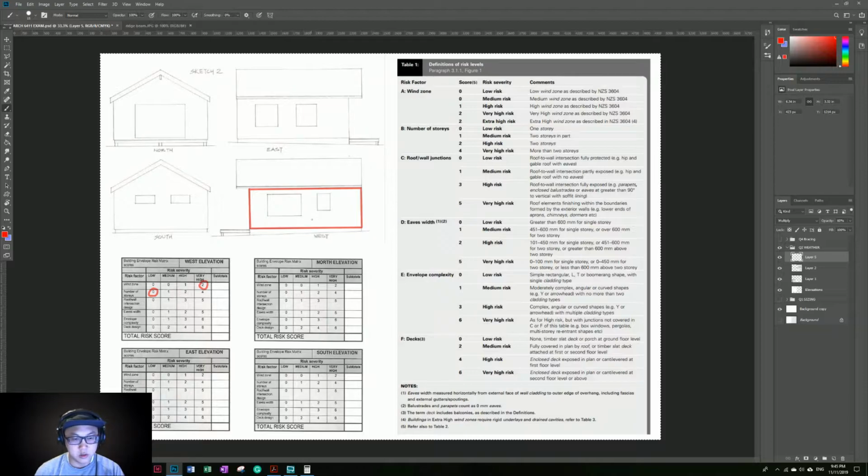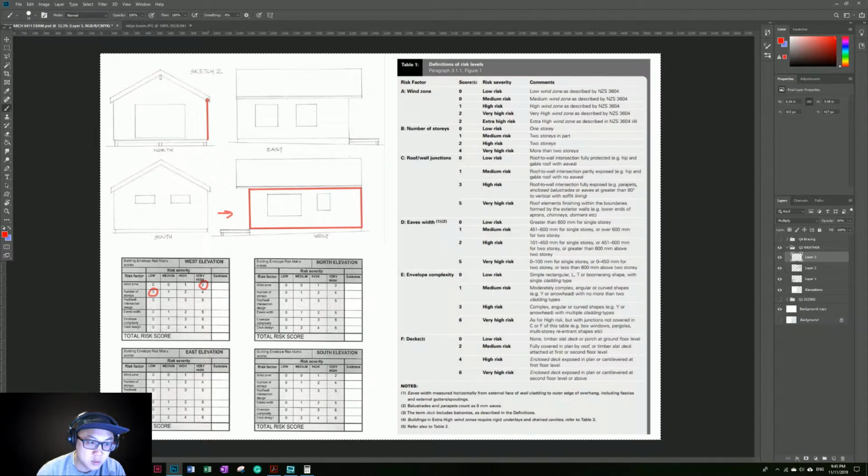I guess you need to look at that junction here between the top of the wall and the roof. So that's west, and if you were to turn it 90 degrees and look from this side, that would be the west facade here.